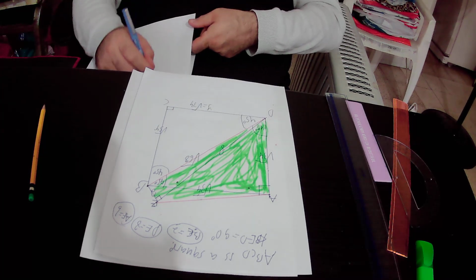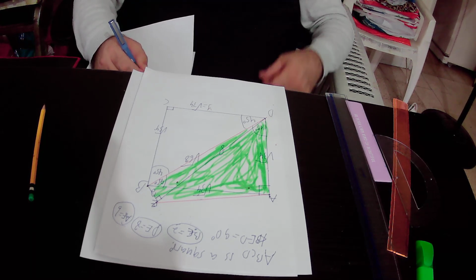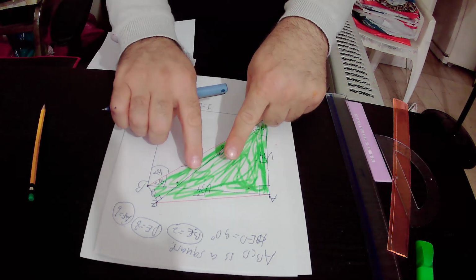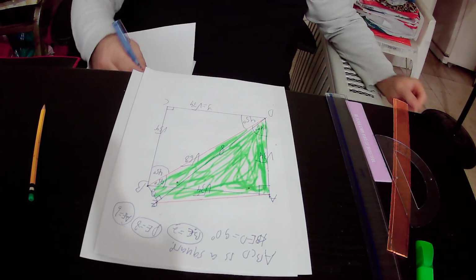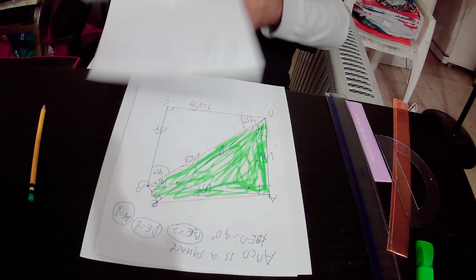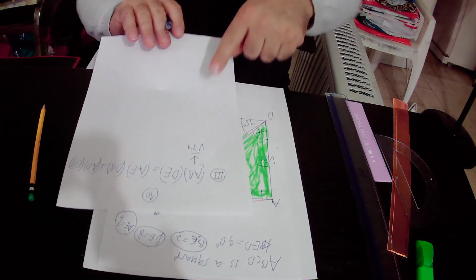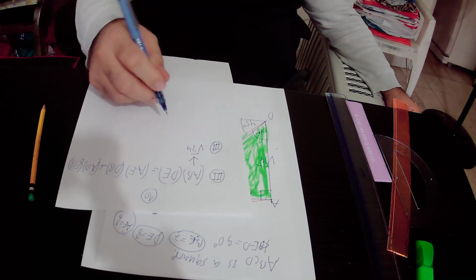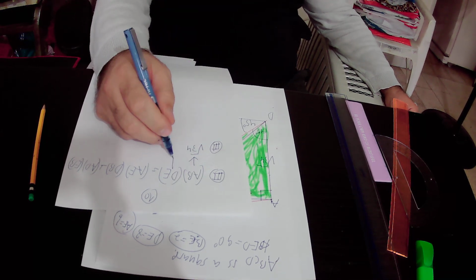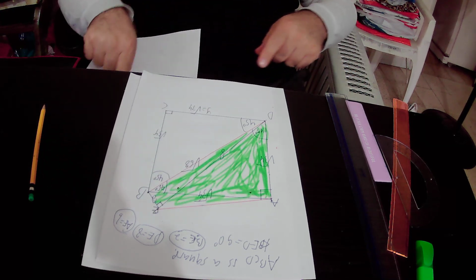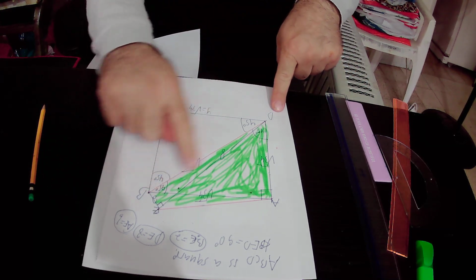First of all, what is AB? From this drawing we can see that AB equals the square root of 34. And what is DE? From the drawing we can see that DE equals 8 units.